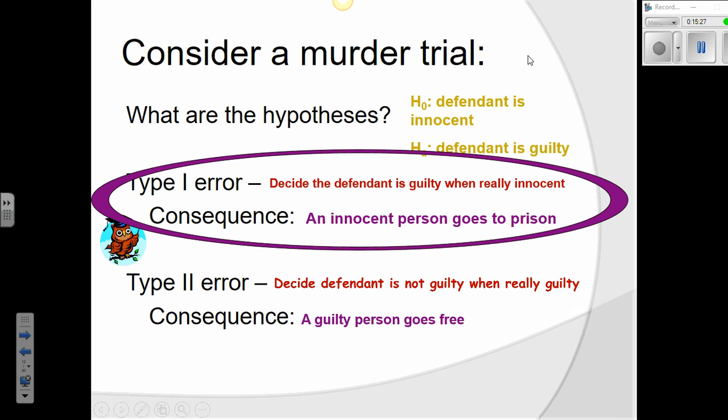So that means that you're innocent. That's why that phrase comes from. You're innocent until they prove you guilty. And that's trying to avoid type 1 error. Because they do not want innocent people in jail. Is that always the case? No. Same thing in our hypothesis testing. We try to make sure it's the best, but sometimes we can't control it.